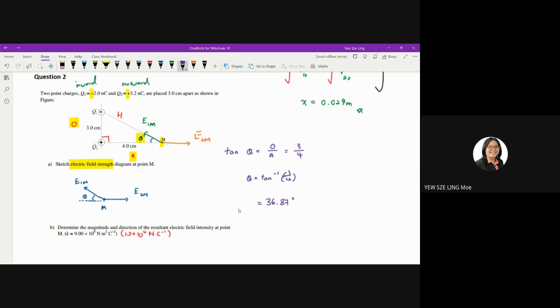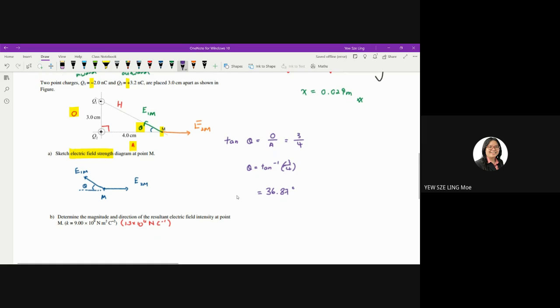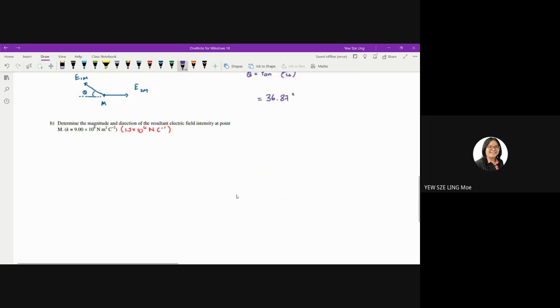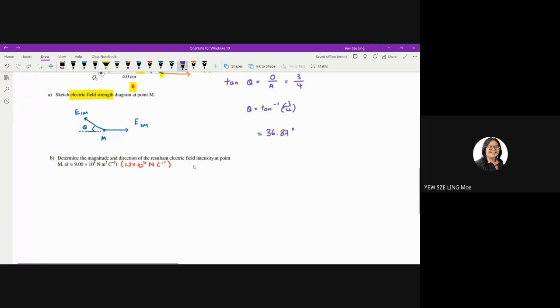So now that you have the angle, you can proceed to question B. Question B determines the magnitude and direction of the resultant electric field. If you look at the diagram in question A, you now have two vectors pointing in different directions and they are not lying on the same plane. If they are not lying on the same plane, you need to resolve them.